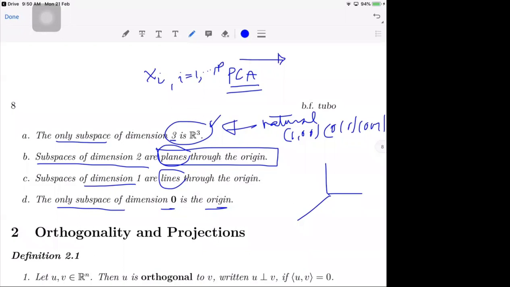You will see that later in multivariate analysis, for more than 4 dimensions. What we can imagine graphically is only up to dimension 3.